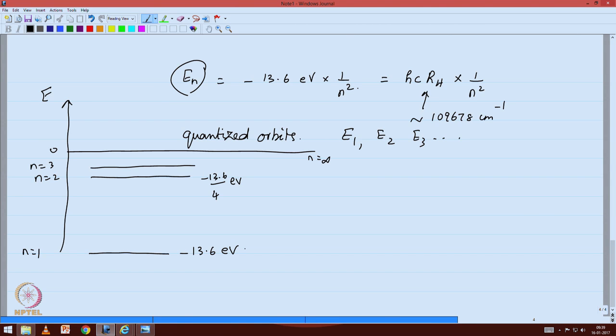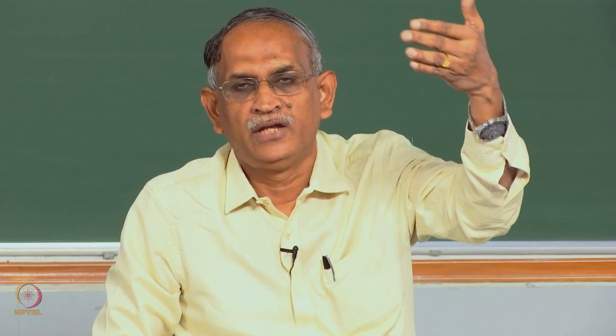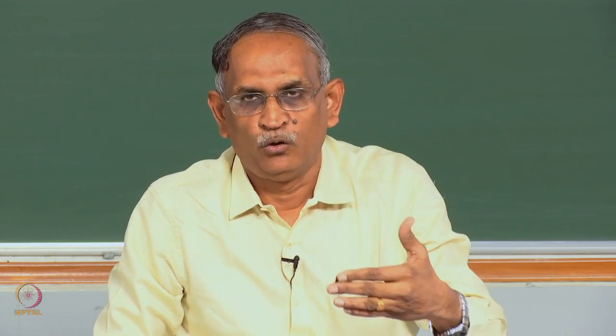And then Niels Bohr could say that when the electrons jump from one orbit to another, if they go up, they absorb energy because the orbits of higher n have higher energies, less negative, positive values in that sense. Therefore, that's the absorption spectrum, and the emission spectrum is when the electron from a higher n falls into a lower n.